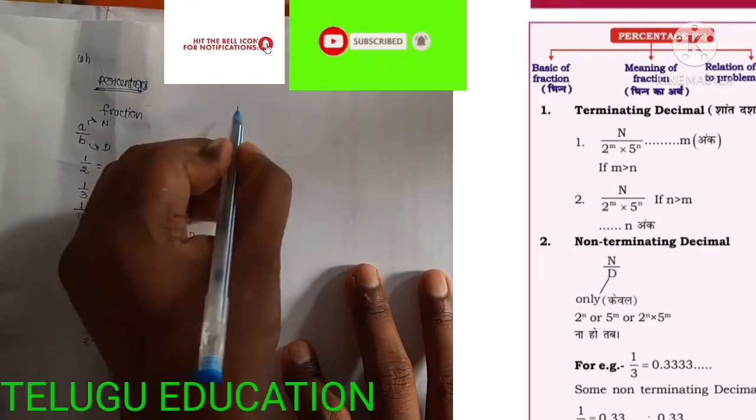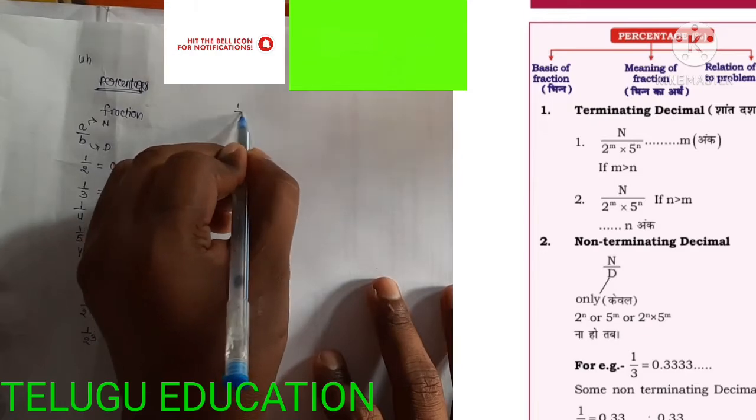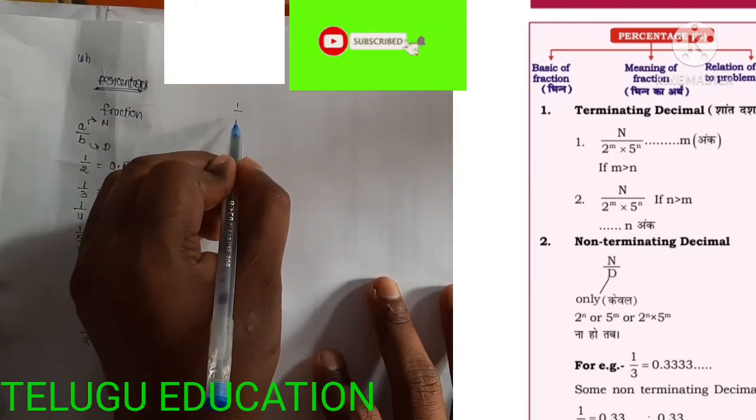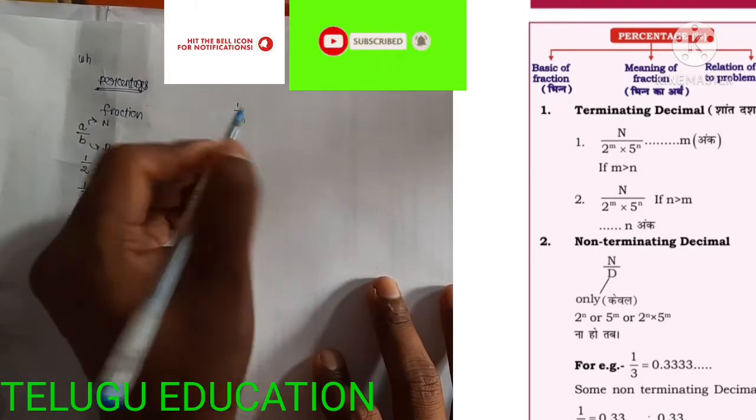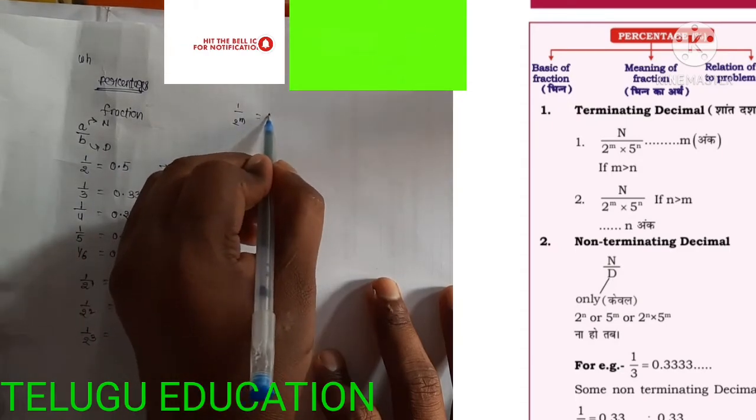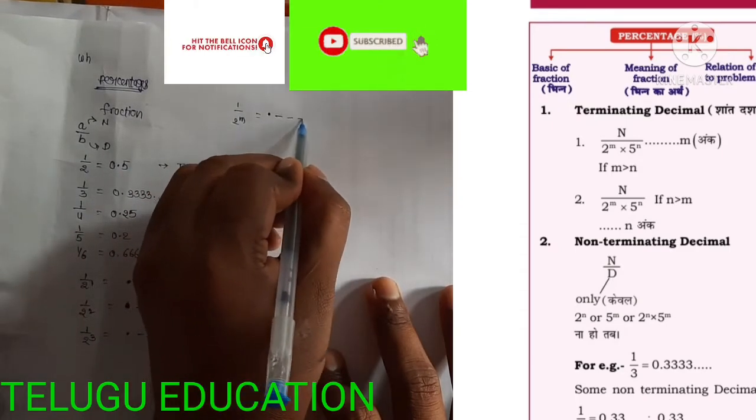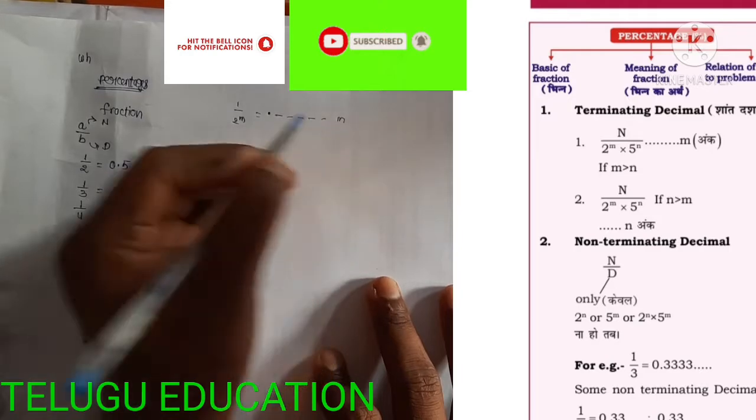Next, 1 by 2 power m: after the decimal point you have to get m digits.